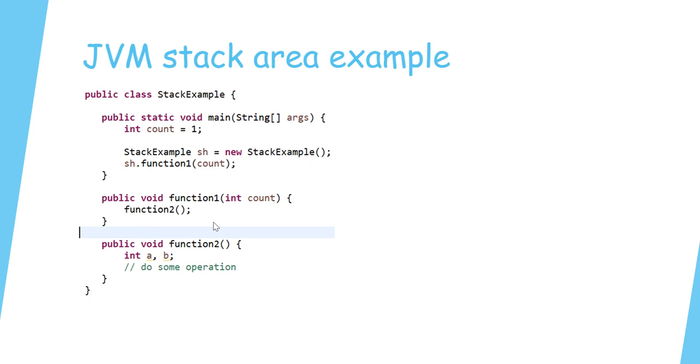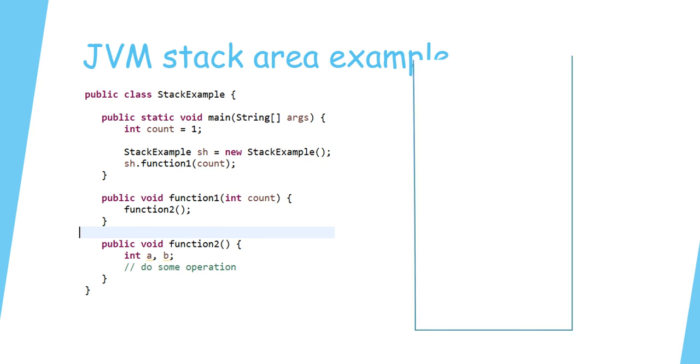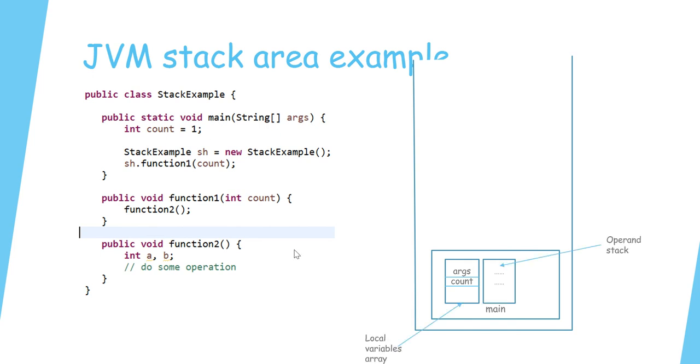So when we run this application, the JVM stack will be created, and when the thread comes to execute this main method, one stack frame will be pushed on this JVM stack, and it will have this local variable array like this. It will have two variables in this local variable array, args and count, because these are two local variables of the main method. Then we will have the operand stack, which can be used by the JVM to do some internal computations. Then we have this frame data.